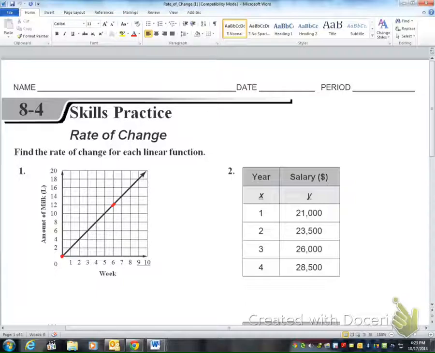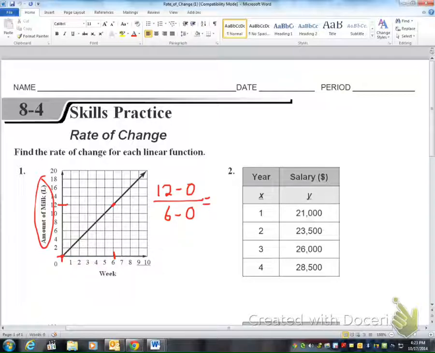So my rate of change here would be the change in the amount of milk, because that's my Y value. So the amount of milk at the end is going to be 12 liters, but at the beginning it was 0. So I have 12 minus 0 over the change in weeks, which at the end, my final week is week 6, but at the beginning it was week 0.